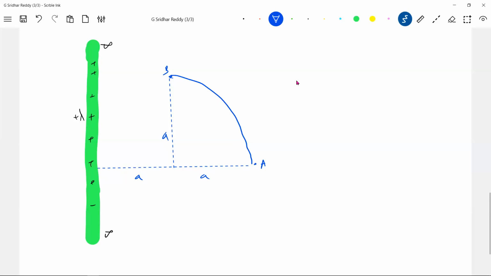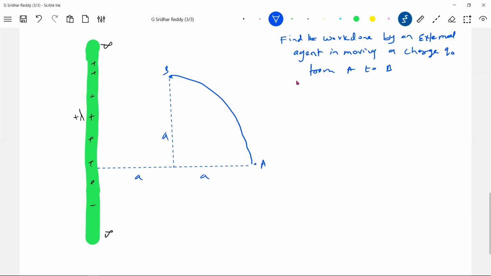So let me give you the question. Find the work done by an external agent in moving a charge Q naught from A to B along the circular path.